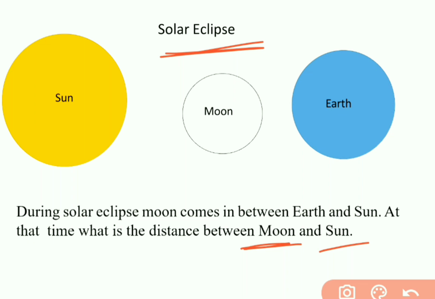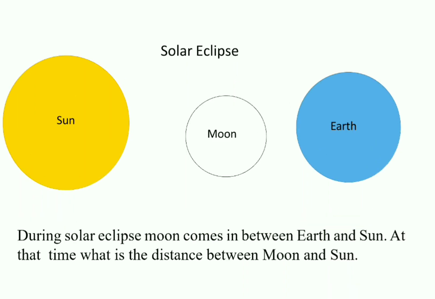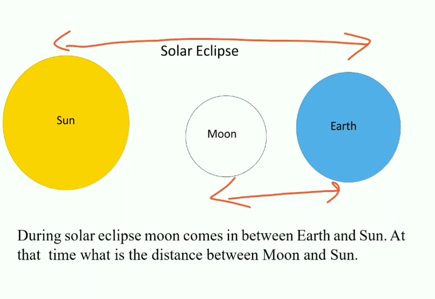I will explain what the solar eclipse is. During solar eclipse, the Moon comes in between Earth and Sun, as you see in the diagram. Students, we are given the distance between Sun and Earth and the distance between Moon and Earth, and we have to find the distance between Sun and Moon.